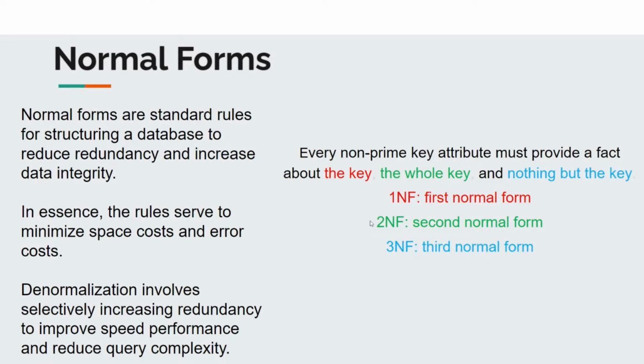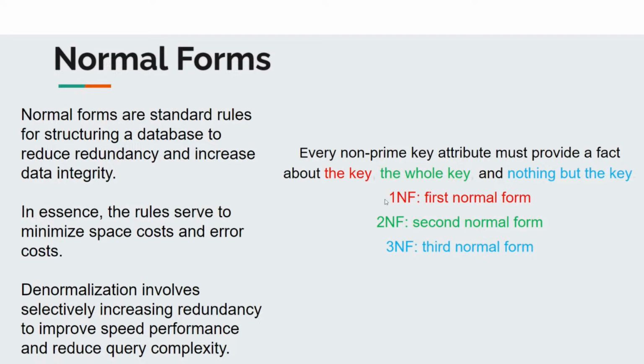That's what a database administrator is all about: how do we optimize this database and this system for the processing within the database. But the rule here is, well, it's kind of a saying: every non-prime key attribute must provide a fact about the key, the whole key, or nothing but the key. You probably read that and say, I don't know what the heck that means, but that's okay.